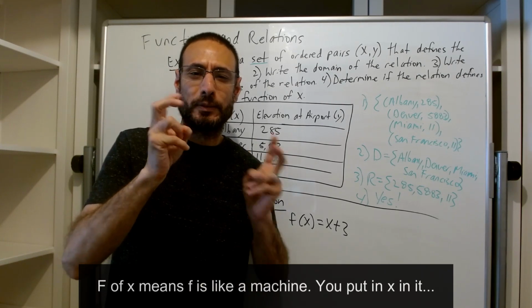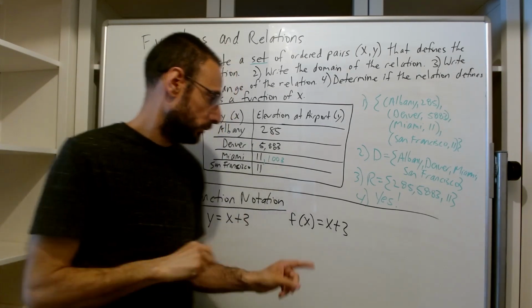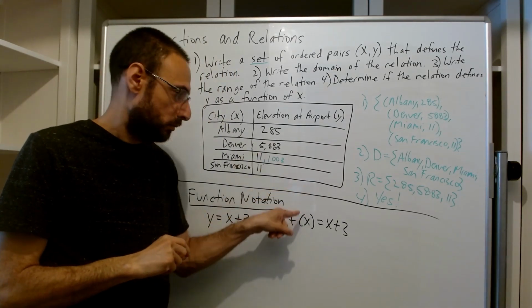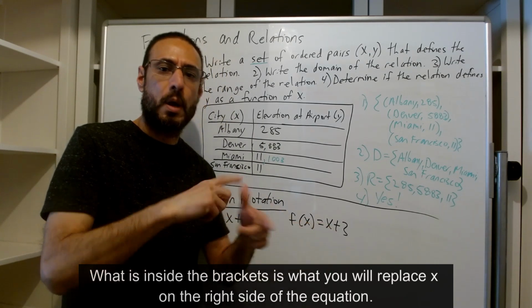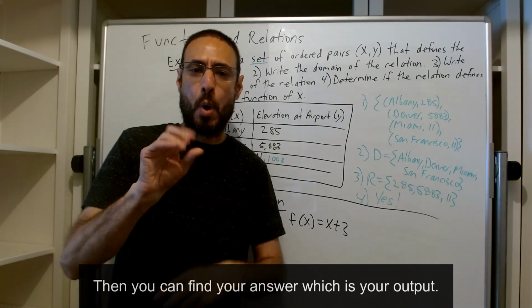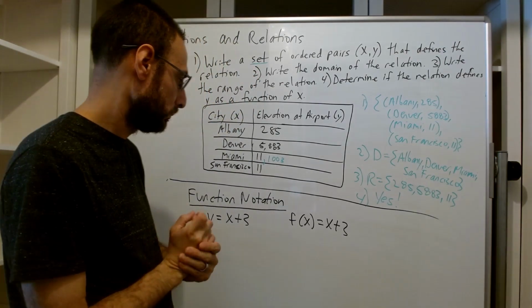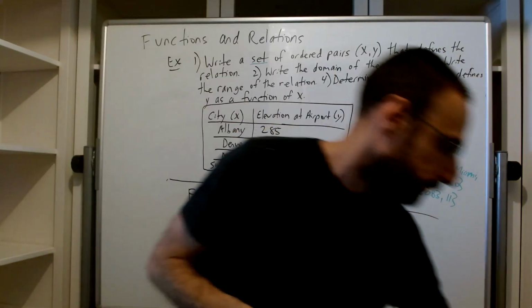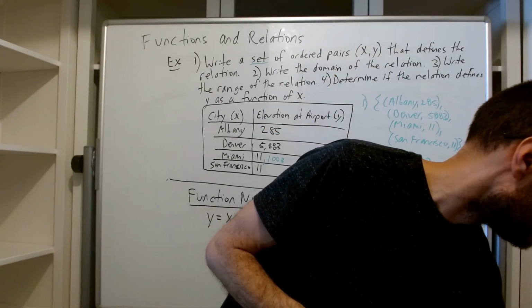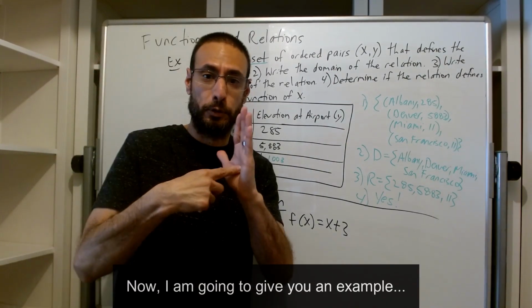You put in x in it. What is inside the brackets is what you will replace x with on the right side of the equation. Then you can find your answer, which is your output. Now, I am going to give you an example.